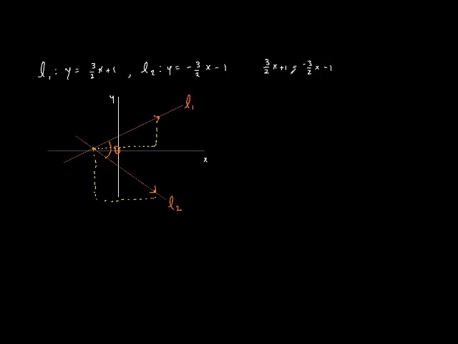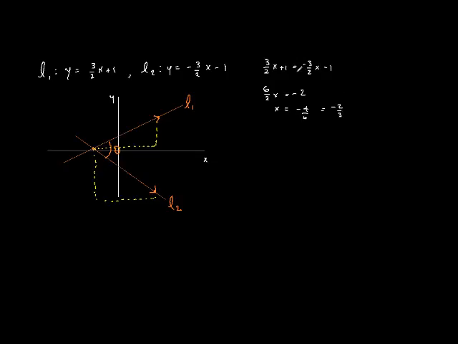Now if I bring the x to the other side, I have 6 over 2 x equals, and bringing the 1 to the other side, I get negative 2. After cross multiplying, I get x equals negative 4 over 6, and that's just negative 2/3.